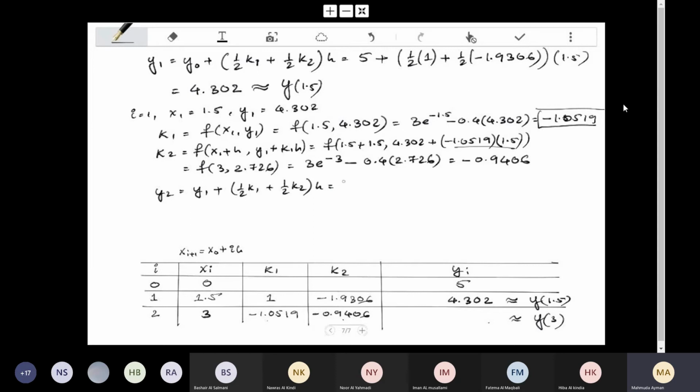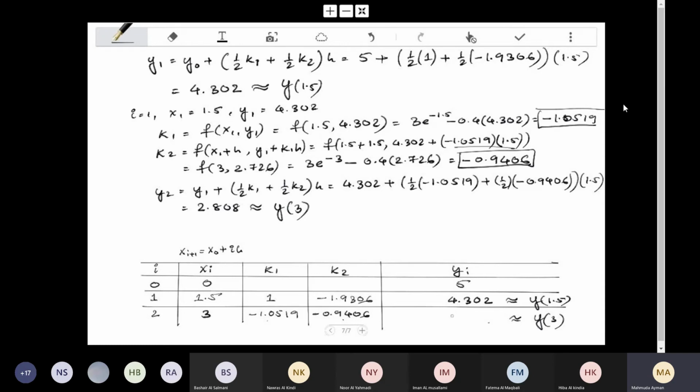So you have your y1 value, which is 4.302 plus half times k1, that's minus 1.0519, plus half times k2, that is here, minus 0.9406, times h, that's 1.5, and this will give us the value 2.808, which is approximately the value of y when x is equal to 3.